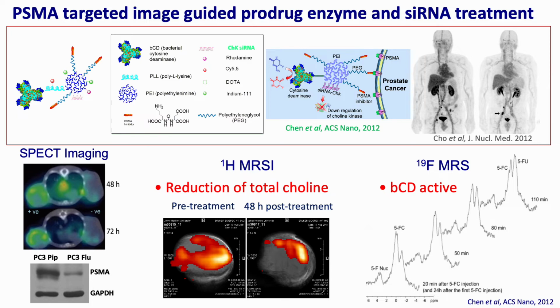And here you can see that because we also delivered choline kinase small interfering RNA, we could pick up this significant decrease of total choline in the tumor. And with fluorine spectroscopy, we could non-invasively detect the conversion of 5-fluorocytosine to 5-fluorouracil in the tumor. And so this was this metabolotheranostics strategy for PSMA targeting in prostate cancer.